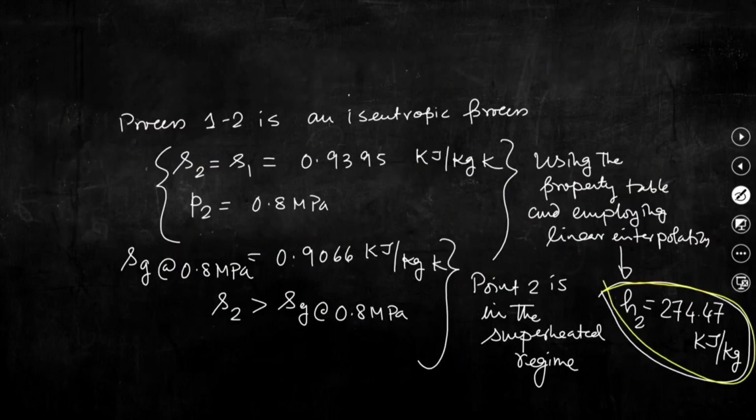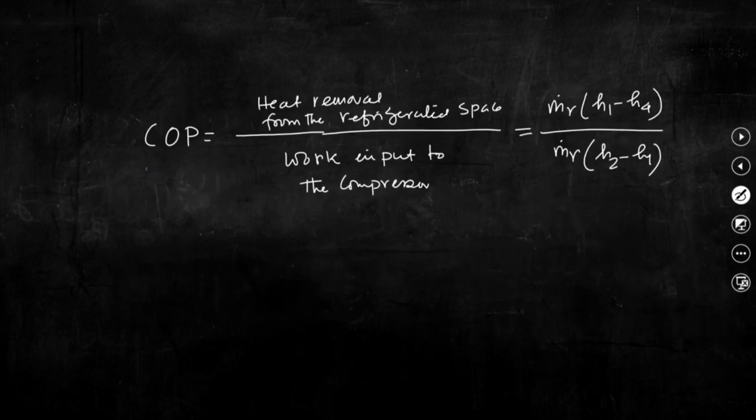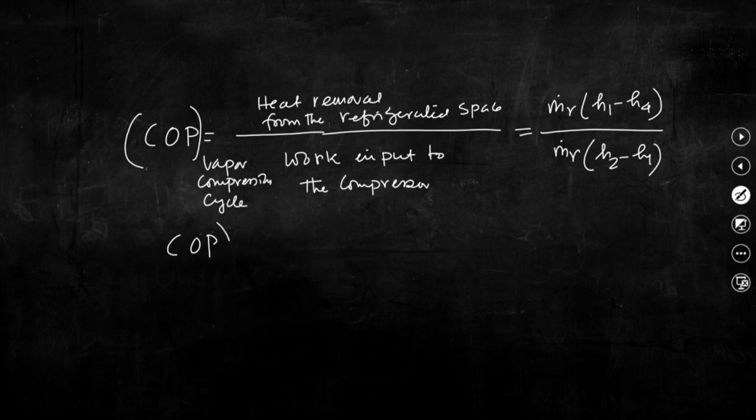Now, the COP that we have calculated is for the vapor compression cycle, and the COP of the Carnot cycle would be equal to, so this is given, minus 10 degree Celsius, so T1 divided by T2 minus T1.